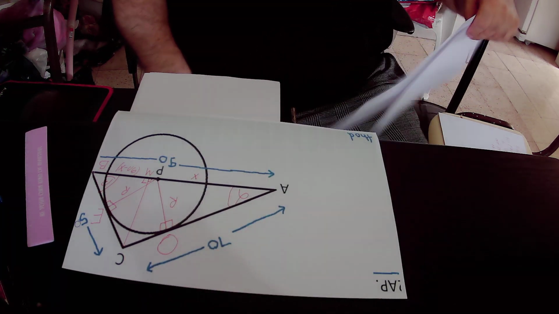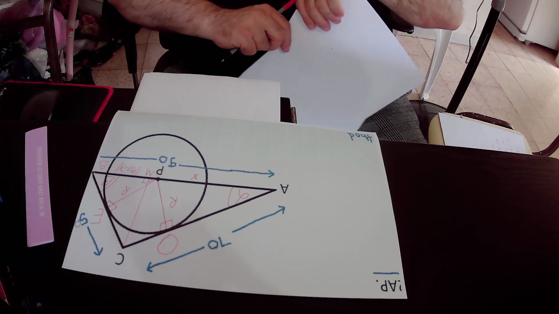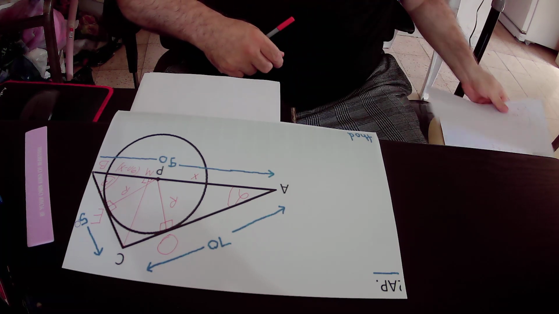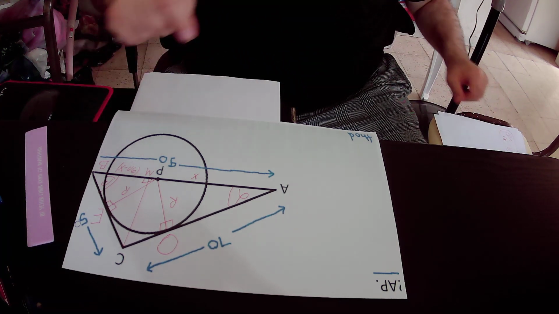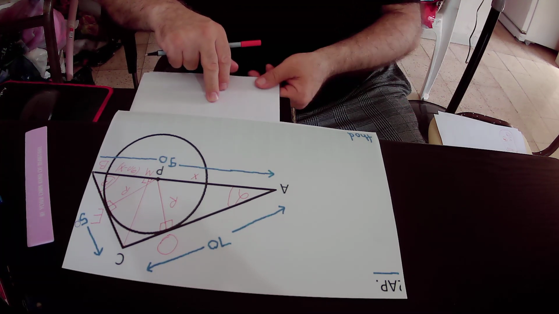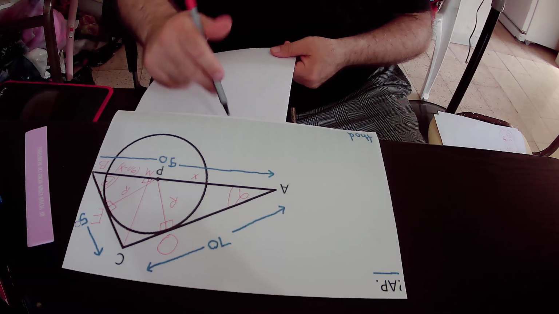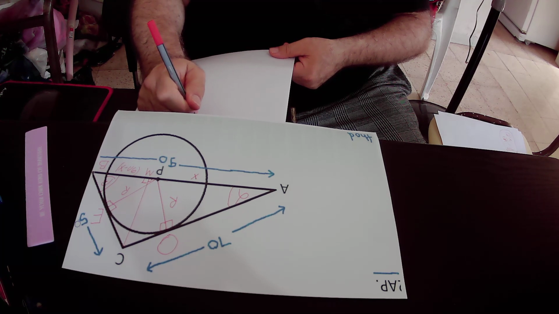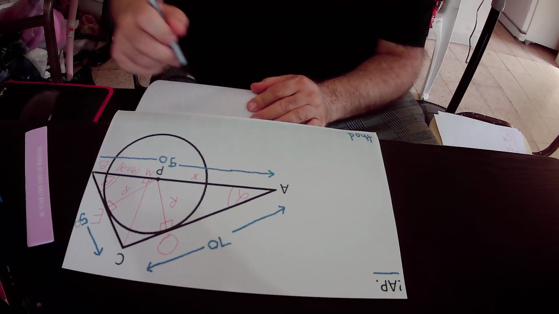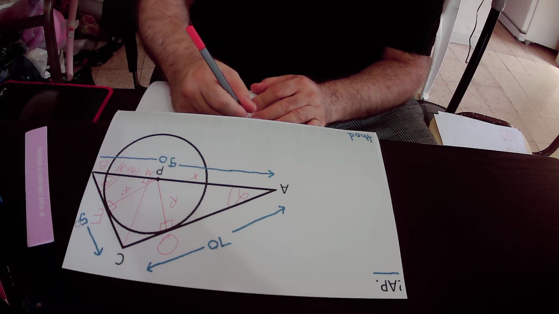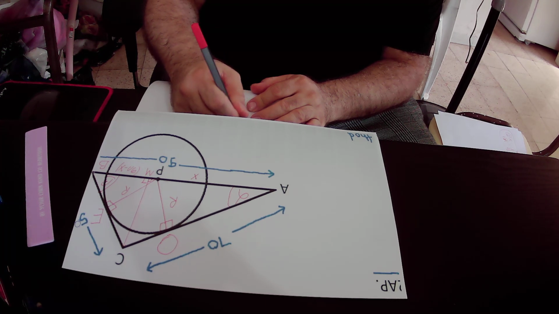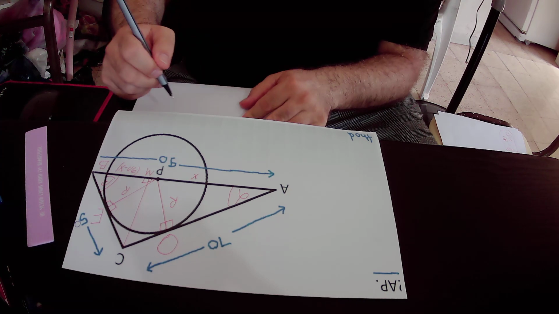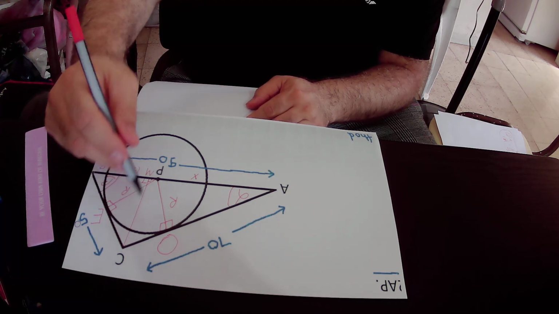In the next step, we will do the same process on beta, and we will focus on the right triangle EPB. And we will also focus on the right triangle CMB.